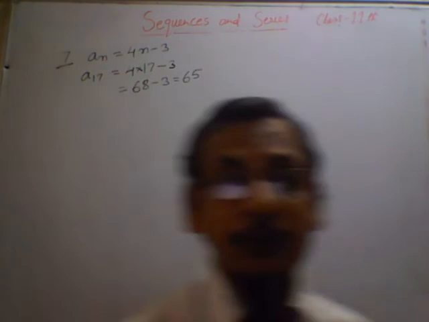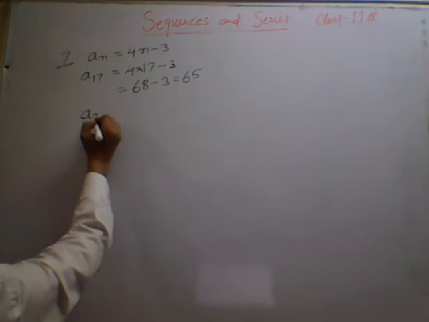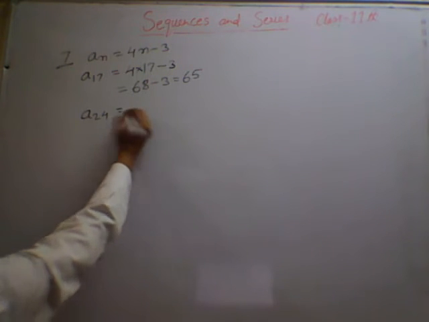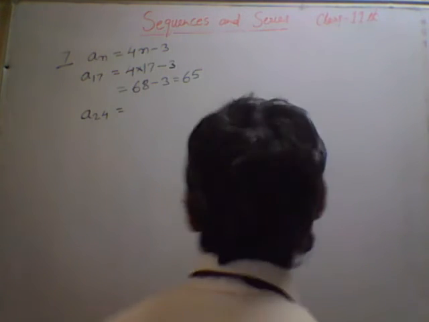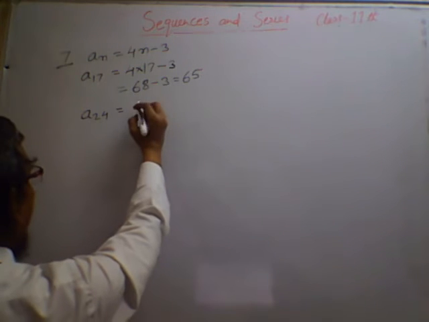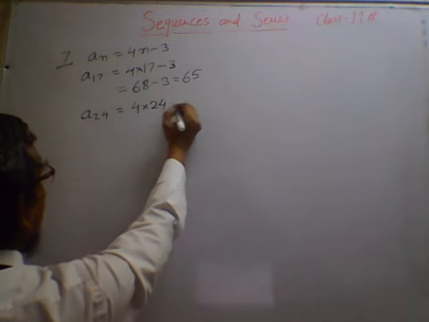And now we have to find out A24. Now we will put 24 in place of n. 4 multiplied by 24 minus 3.